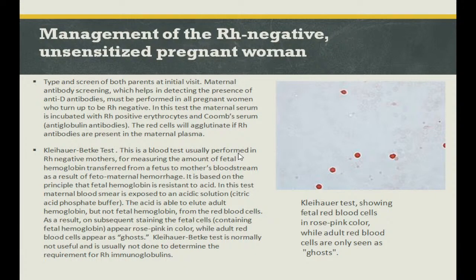There are special reactions which make it possible to measure the titer. We will use them in our practice, but now we are speaking about a very simple, traditional, basic evaluation of agglutination. Kleihauer-Betke test, very widely used abroad.